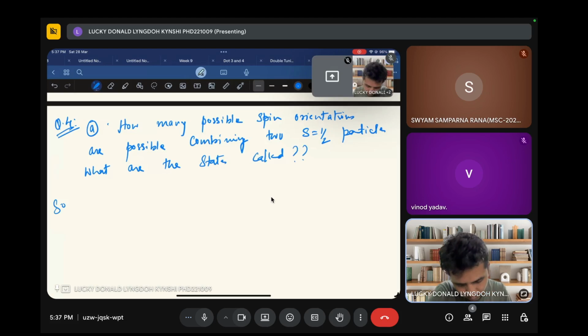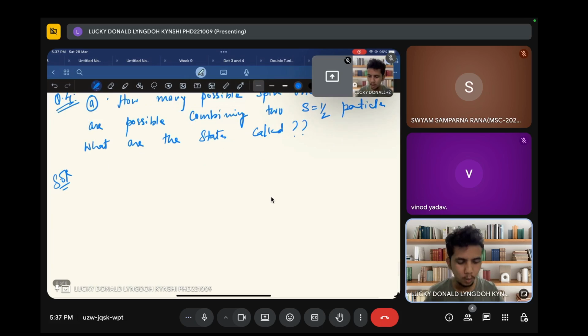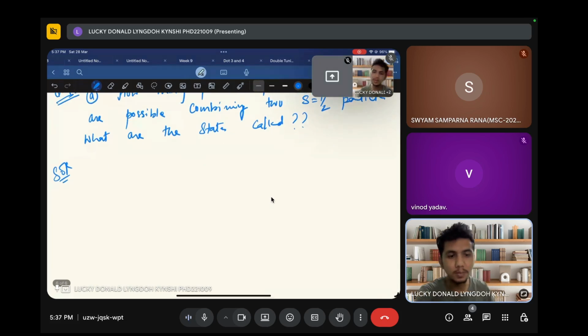This is a very interesting problem, because suppose you have two particles with spin half. What are the possible states that these particles can be? So you have to write out the possible states that these two particles can have and what they are named.